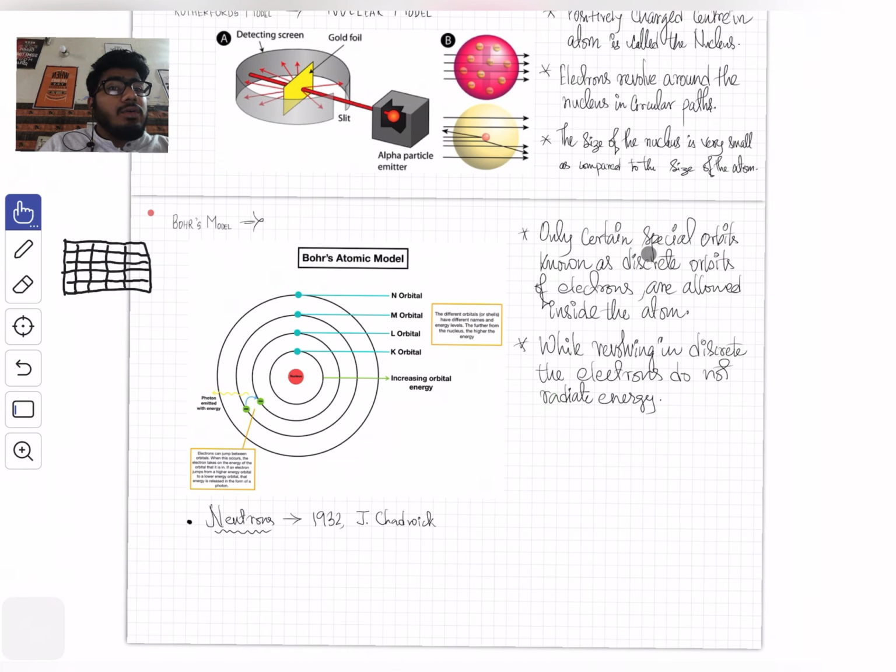And though we see that Rutherford was very successful, there was a drawback, that he could not explain why the electrons would revolve around the nucleus and would not lose their energy as they were accelerating and fall into the nucleus itself. So Bohr also postulated that while revolving in discrete circular paths, the electrons do not radiate energy.